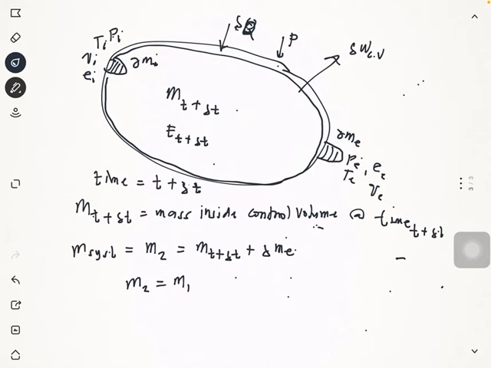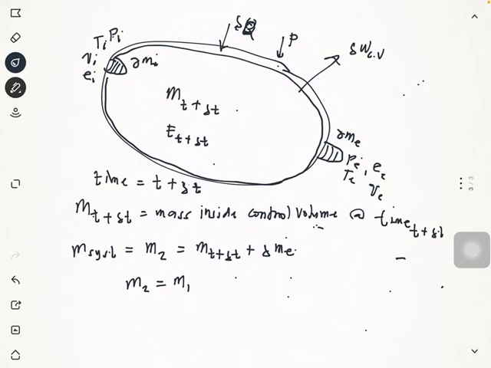Since we mentioned a while ago that there is no change in mass of the system, the mass m1 is equivalent to m2, or the mass of the initial state inside the control volume is equivalent to the mass of the final state of our control volume. Therefore, we have no change in mass.